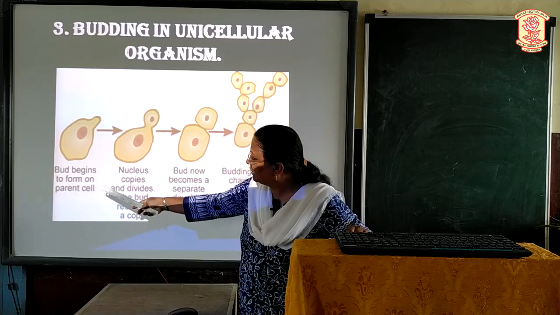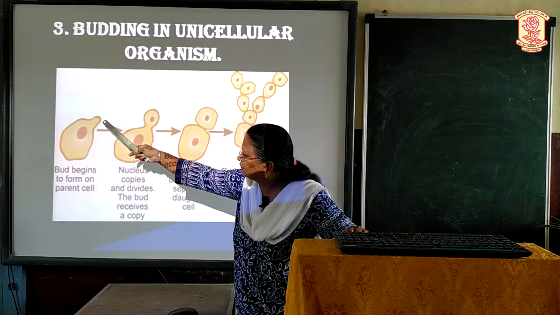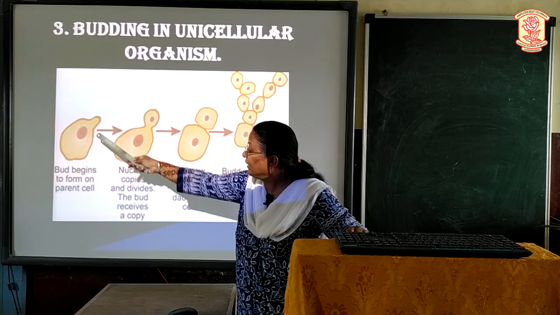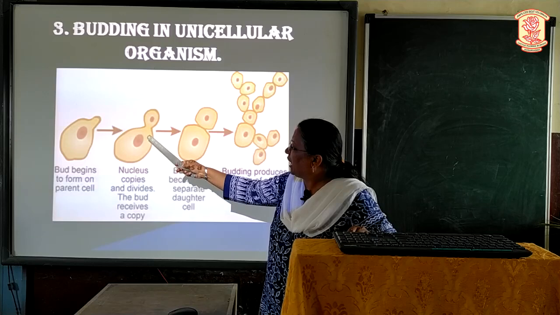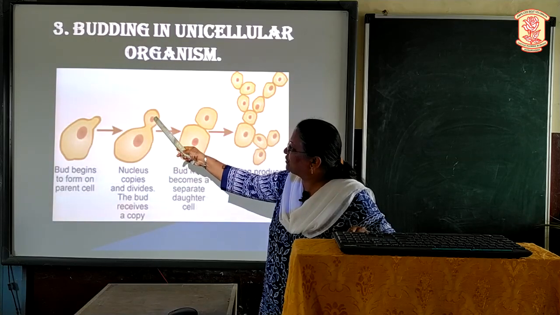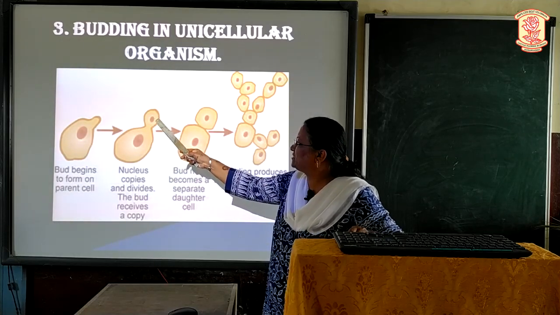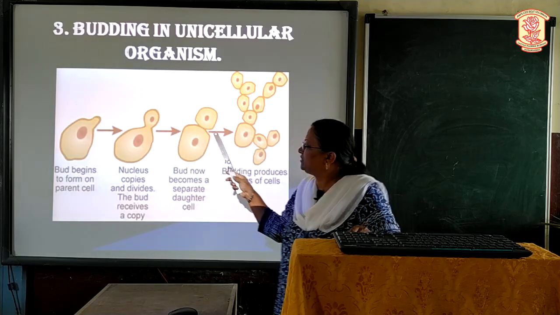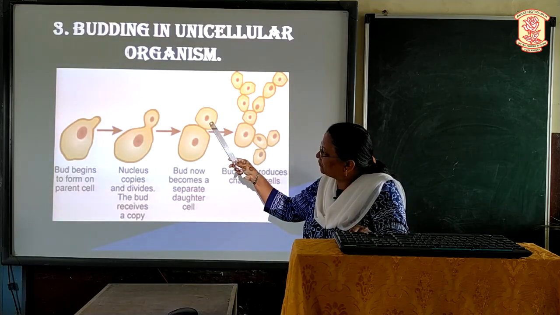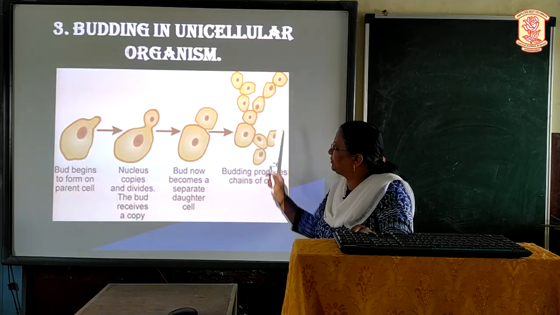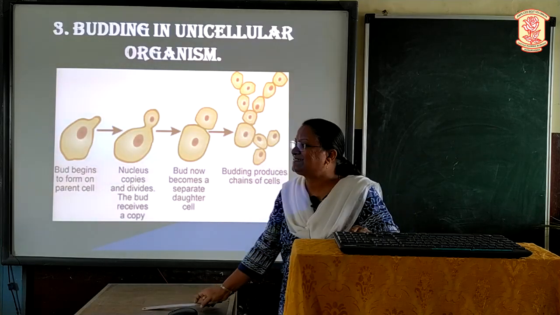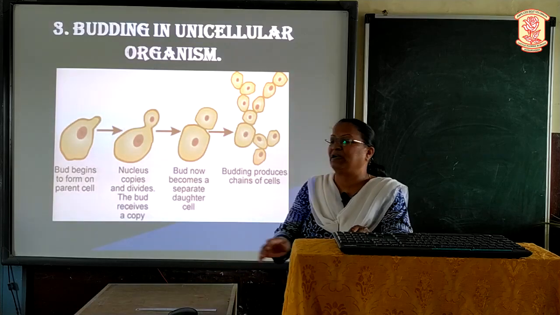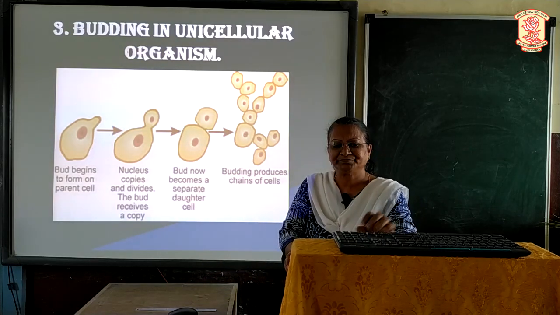You can see here an elongation is being produced which resembles a bud. Then the nucleus divides itself into two parts and the smaller nucleus enters into the elongation which is then called the bud. Then the brood increases and the daughter cell is produced. N number of daughter cells are produced by this method of budding. This is how yeast reproduces itself by the process of budding.